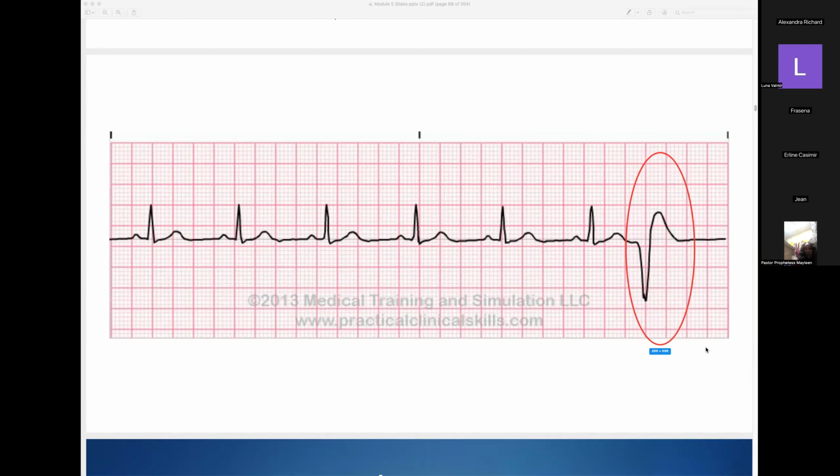Right in this region, something is very weird, right? Would you say that this looks very wide to you?